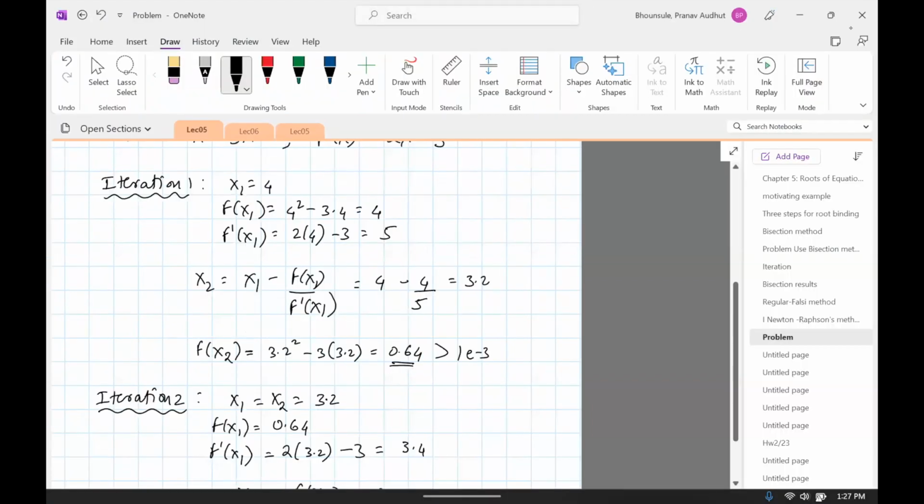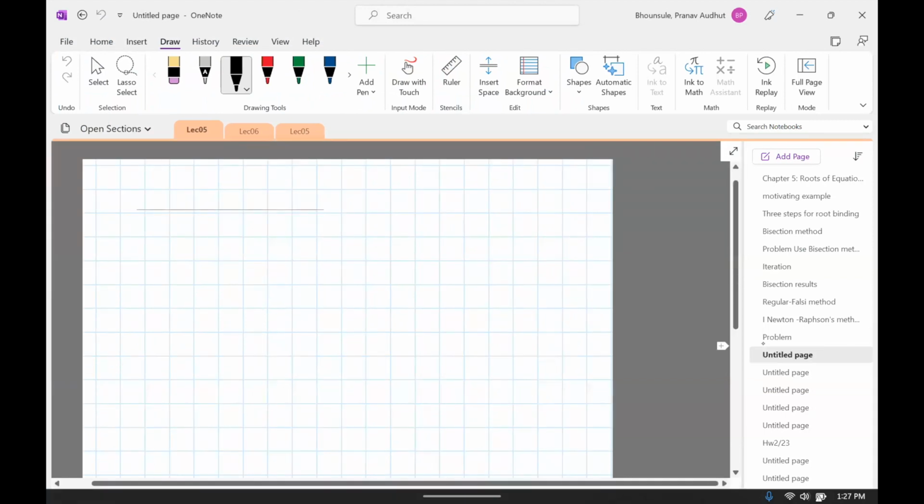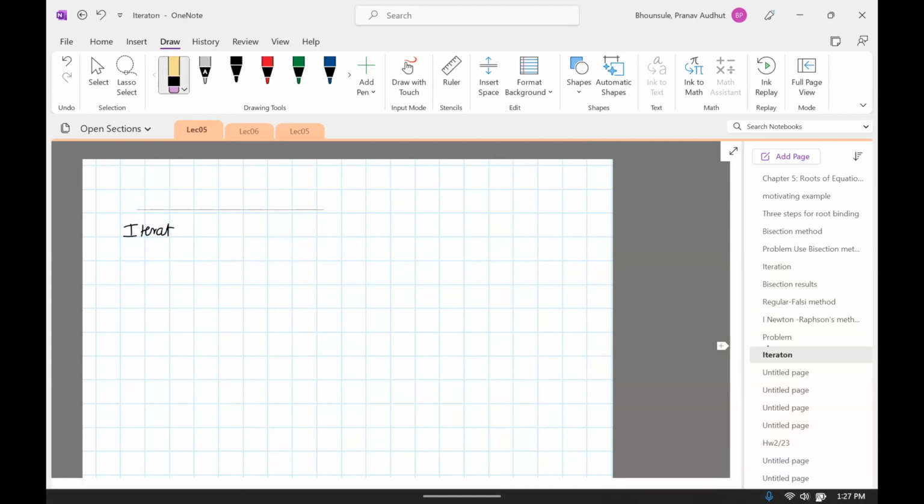Okay, let's go to iteration 3. Looks like we're close. 0.033 is not too far from 1e negative 3. Iteration 3. So our new x1 is x2, which is 3.011. We've already computed f of x1, which is 0.033.